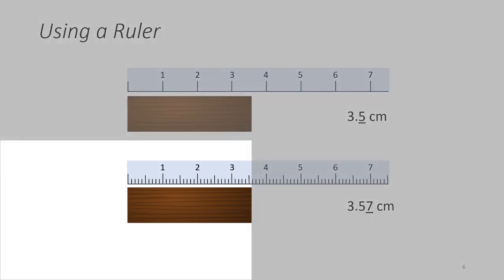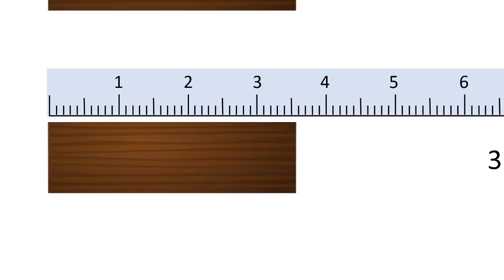And if we zoom in, I think it is about 7/10 of the way between 3.5 and 3.6. So I would report my measurement as 3.57 centimeters. So even though we measured the exact same stick, the measurements that we record differ based on which ruler we used.